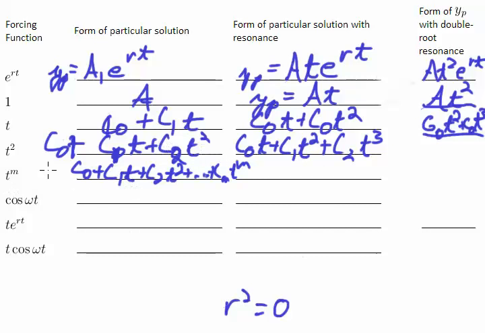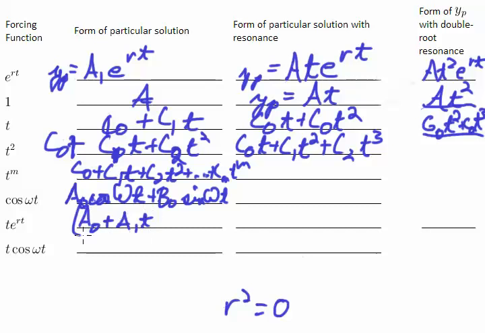Cosine omega t is going to be, we're going to have two constants, a sub naught cosine omega t plus b sub naught sine omega t. You don't need those subscripts there really, but it's going to have a cosine omega t term and a sine omega t term. The t e to the rt is going to have some constant a sub naught plus a sub 1 t times e to the rt.